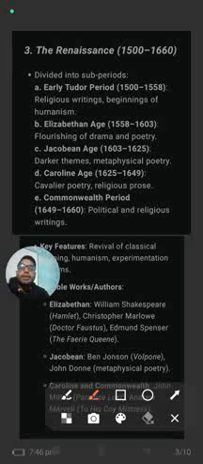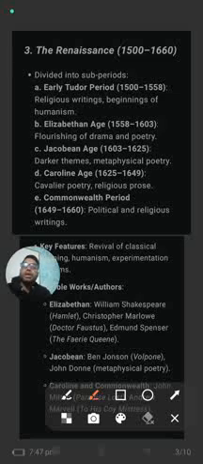In this period we see religious writing being done, and the beginning of humanism, based on personal treatment, individualism, emotions, and feelings of particular people. All these were important features of the early Tudor period.